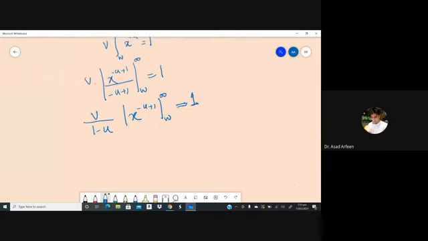So in order for this integral to be finite, to exist, we must have a condition on the limits.